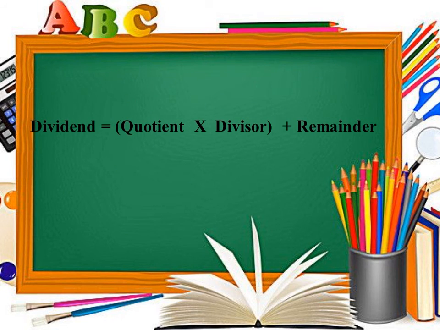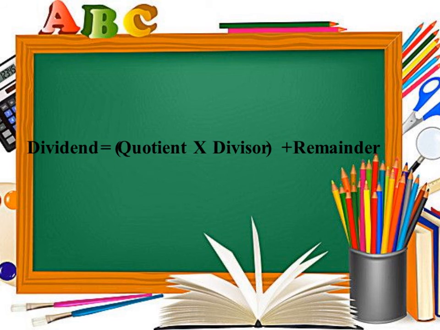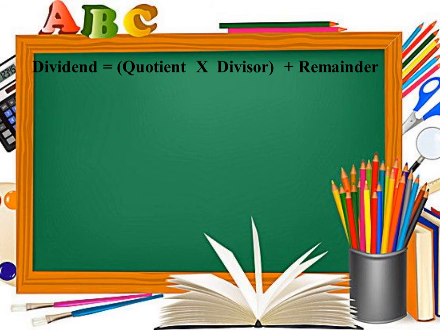Do you know, children? We can also check our calculation. All we have to do is use the following relation. Dividend equals quotient into divisor plus remainder.